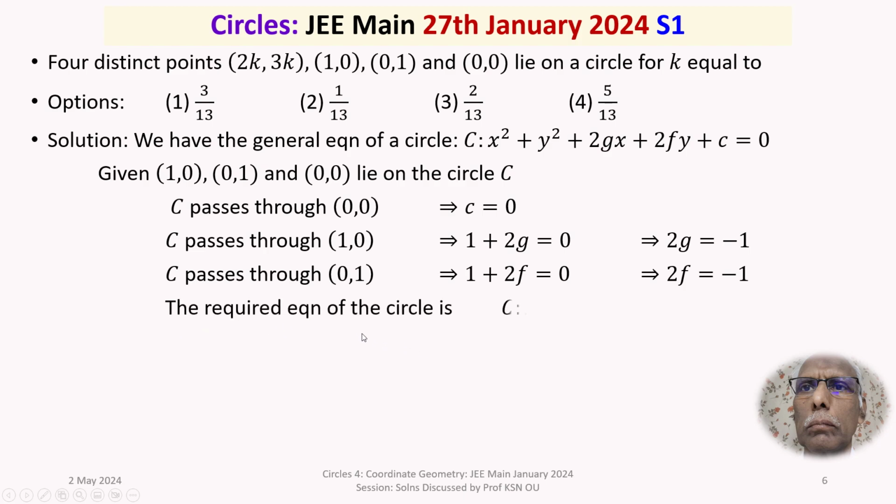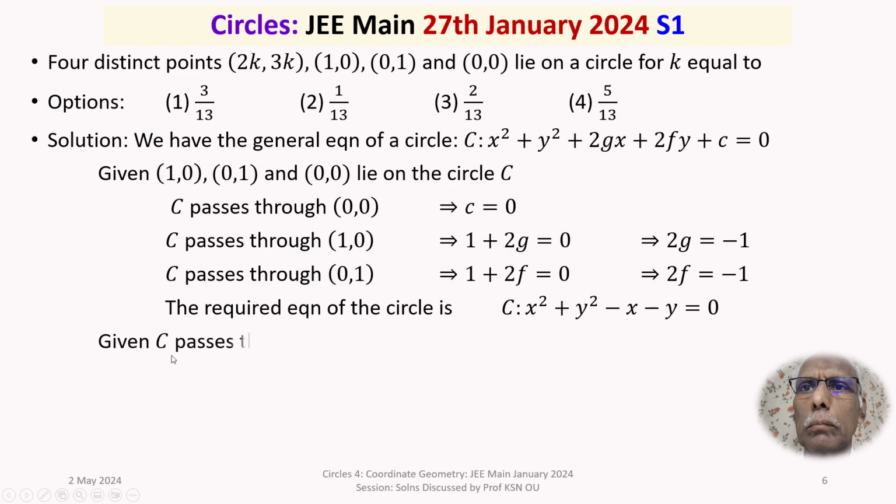The required equation of the circle is x square plus y square plus 2gx plus 2fy plus c equal to 0, where 2g is minus 1, 2f is minus 1, c is 0. So x square plus y square minus x minus y is equal to 0 is the equation of the circle.